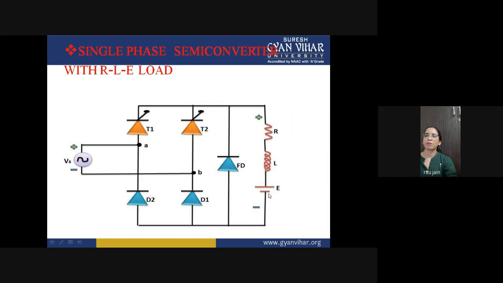When it behaves like a source, the voltage at this terminal will be higher than at this terminal. So the freewheeling diode will be forward biased and in conduction mode, so it will start to conduct.